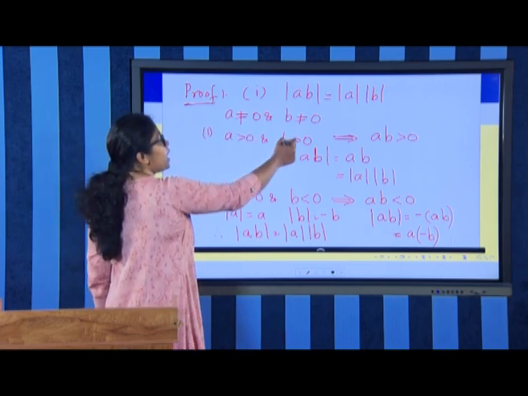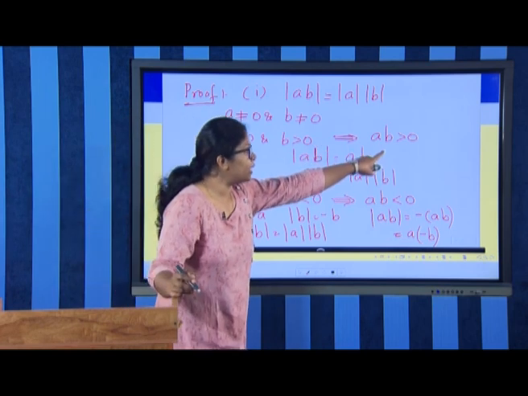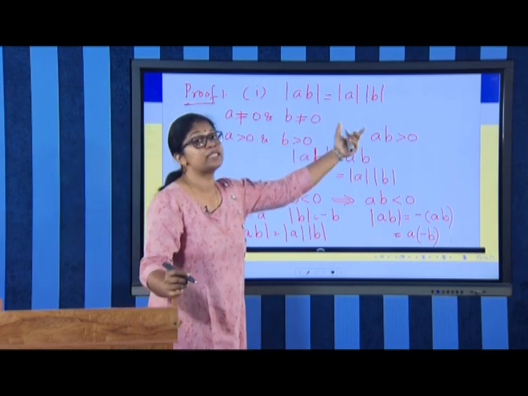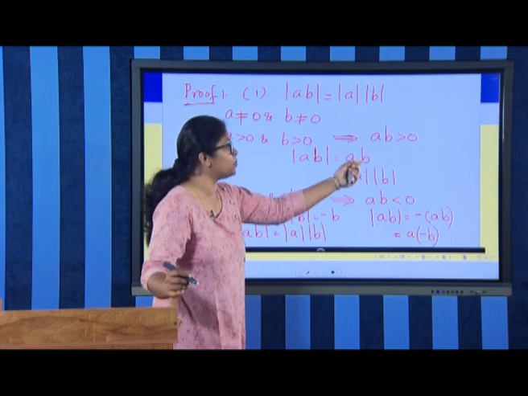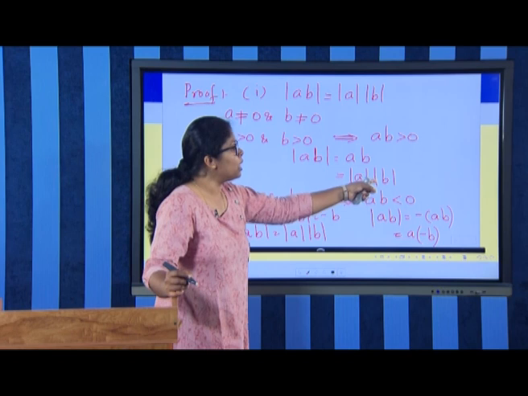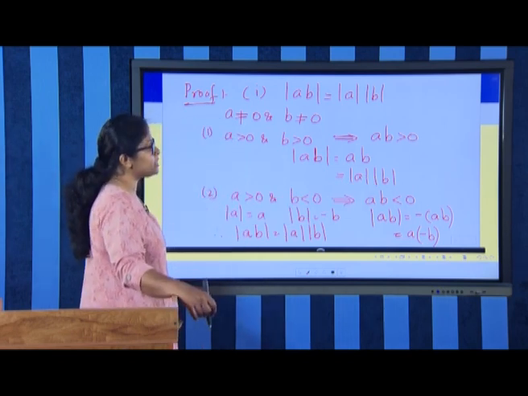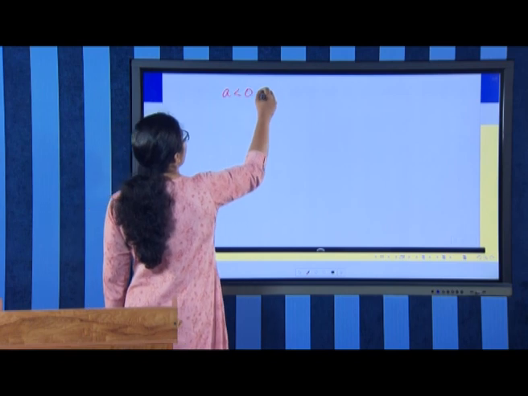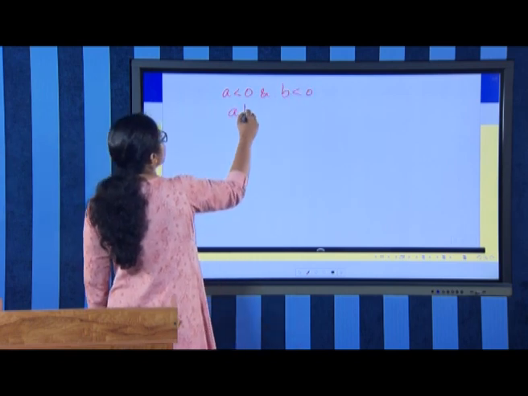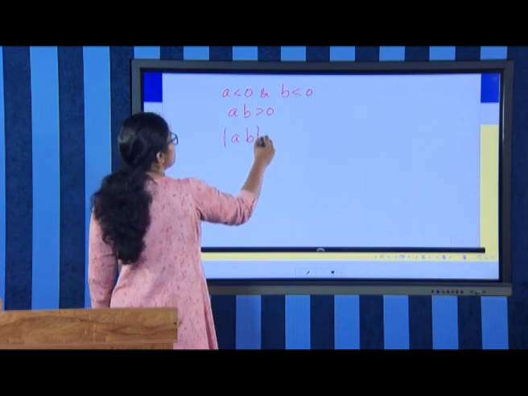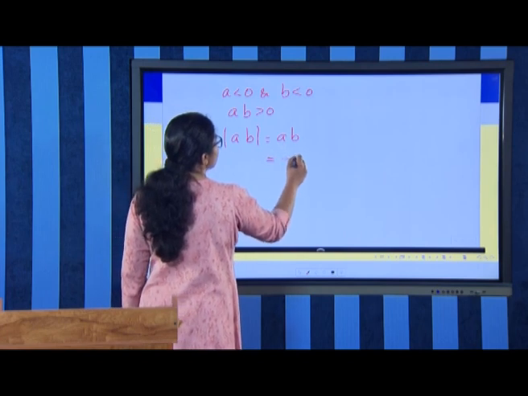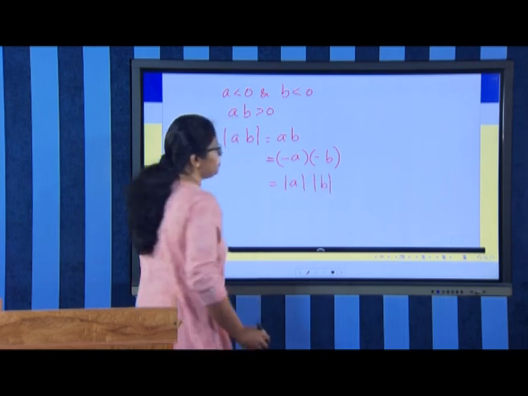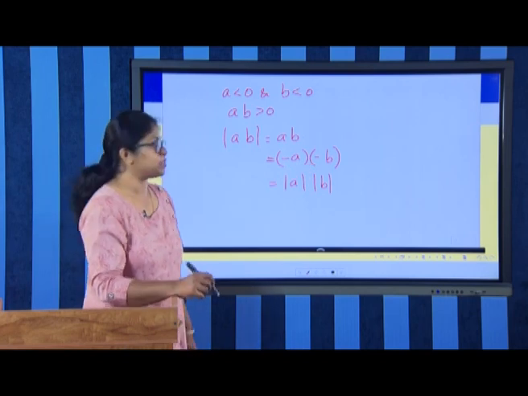And the last case is, if A is less than 0 and B is less than 0, AB is positive, and so modulus of AB is equal to AB, and this can be written as negative A into negative B, which is equal to modulus of A into modulus of B, because the two negative signs multiplied will become a positive sign.